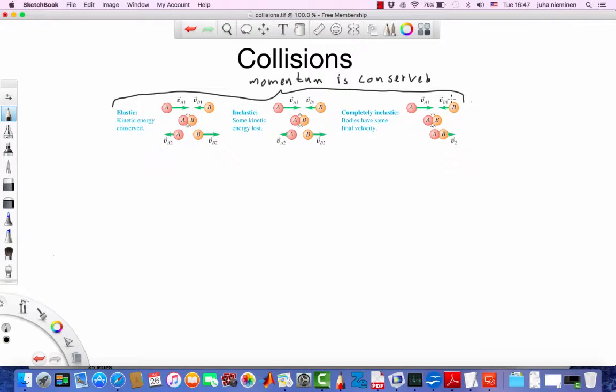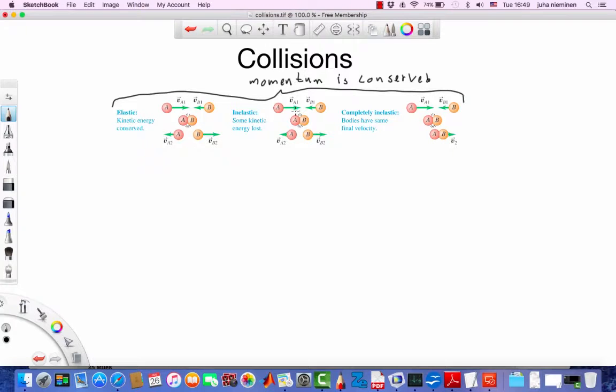And like I said, the completely inelastic ones can be solved using only momentum conservation, but we cannot do that in the case of inelastic collision. And that's only because we have more unknowns than we would have equations. So with two arbitrary velocities, we would have four components, but we have only two equations from the conservation of momentum.